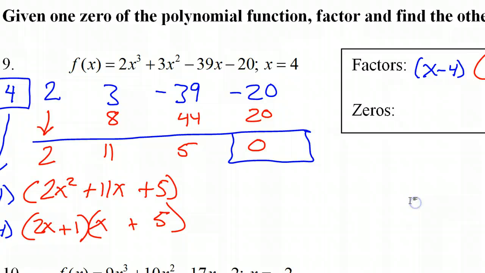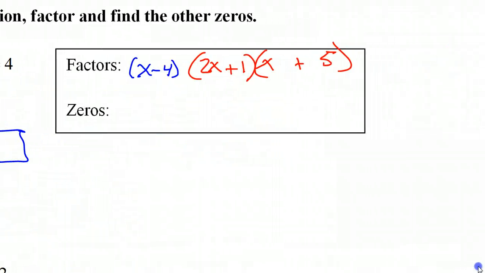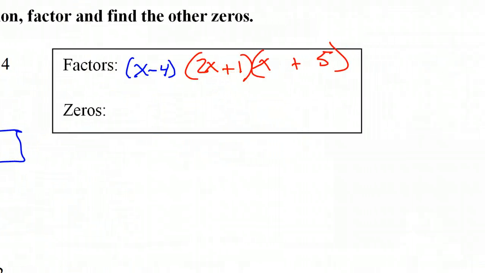Okay, so these are my factors, and I will now turn those into my zeros. So x minus 4 came from a 0 of positive 4. That's the one we were given in the first place. But this is going to give me a 0 of negative 1/2.